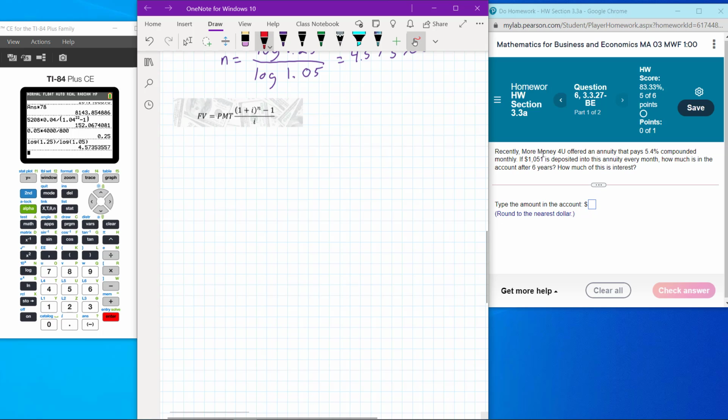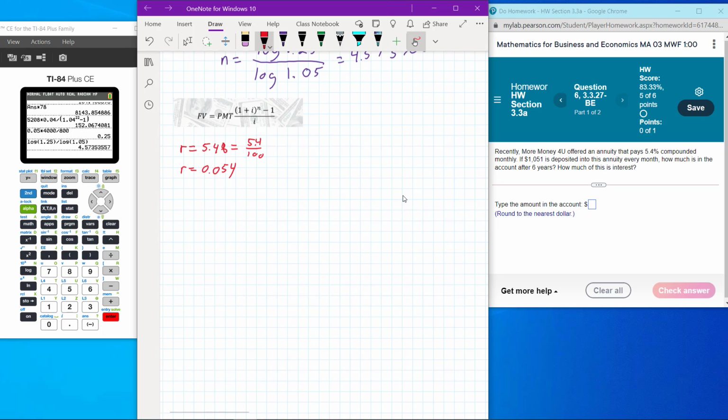So let's take a look at that question. The first thing is, we are offering an annuity that pays 5.4% compounded monthly. So right there in that particular phrase, we know that our interest rate is 5.4%. Dividing that by 100, we find that our interest rate as a decimal will be 0.054.